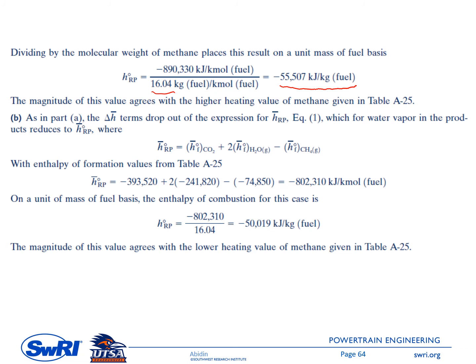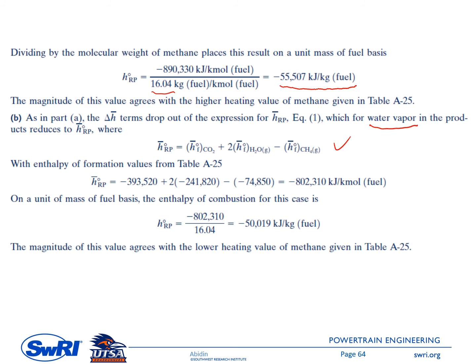And then go to question B. In question B, the water is in vapor phase. So we use the same formula here. Delta H drops out because the product and the reactant are at the reference state.